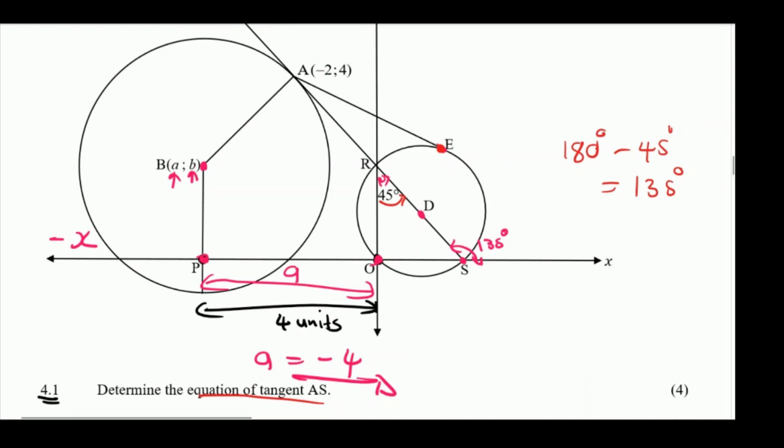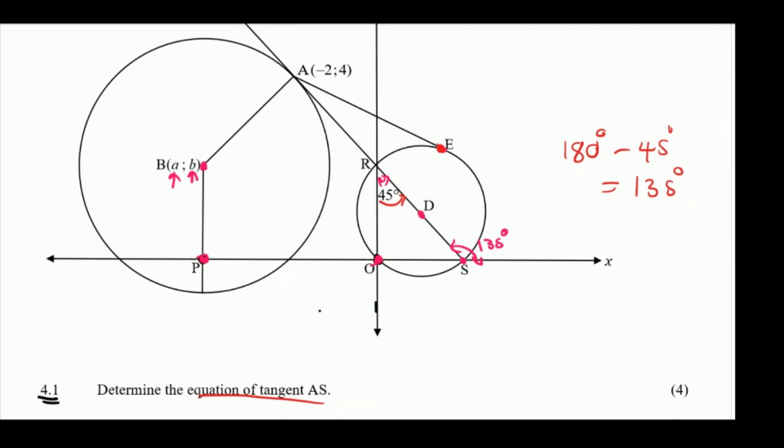To find the coordinate b, now that we have a being -4, we need to note something here. We have this line AB, and we want to find this value of b here. We know very well that AB is perpendicular to this tangent AS.